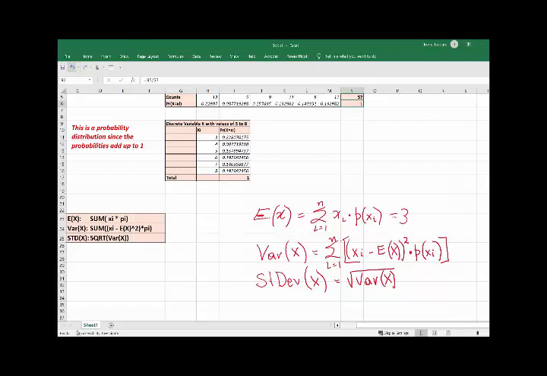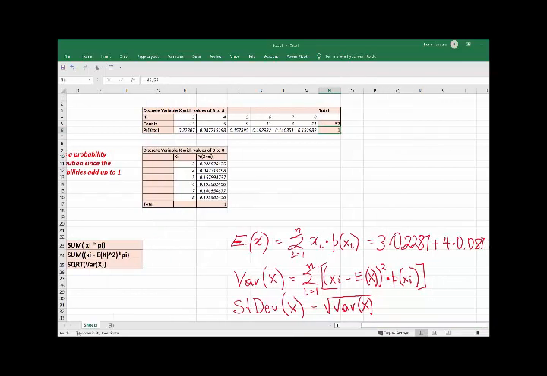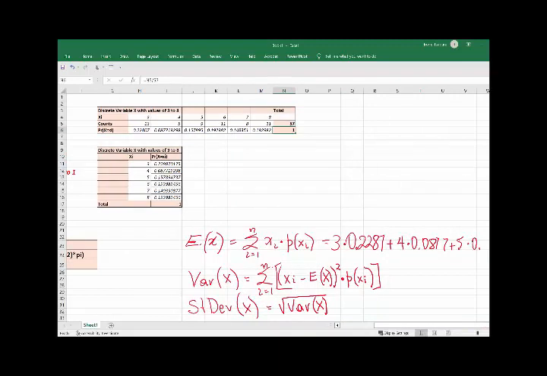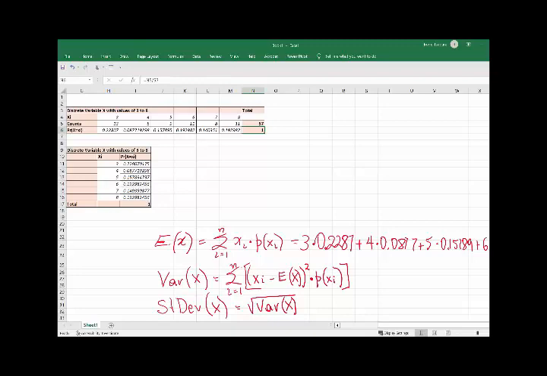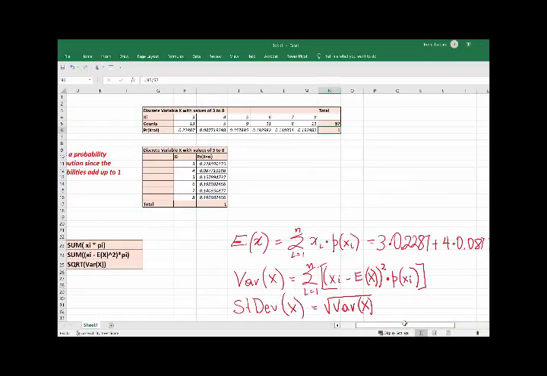The number 3, look above here, multiplied by the corresponding probability, 0.2287, plus the number 4 times the corresponding probability, 0.0877, plus the value 5 times the probability to get a 5, 0.15789, plus the number 6 times the corresponding probability, 0.19, plus the number 7, I rounded the numbers here, 0.14, plus the number 8 times 0.19. This is what these formulas represent.